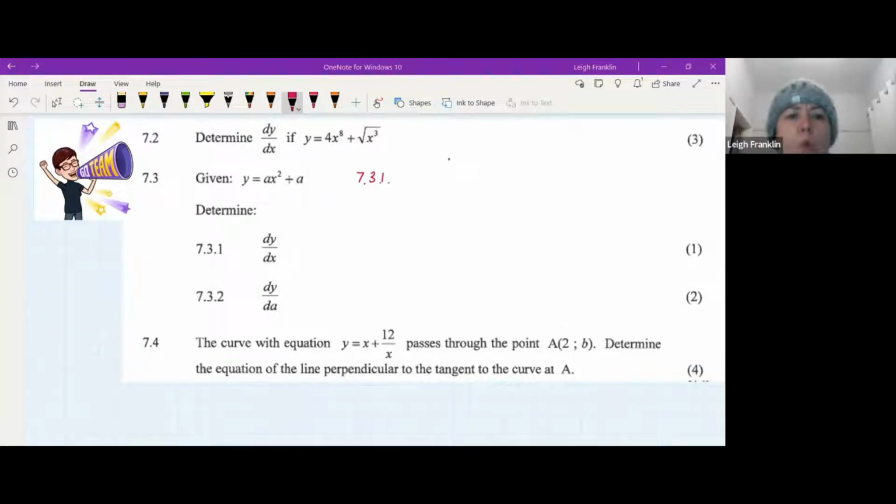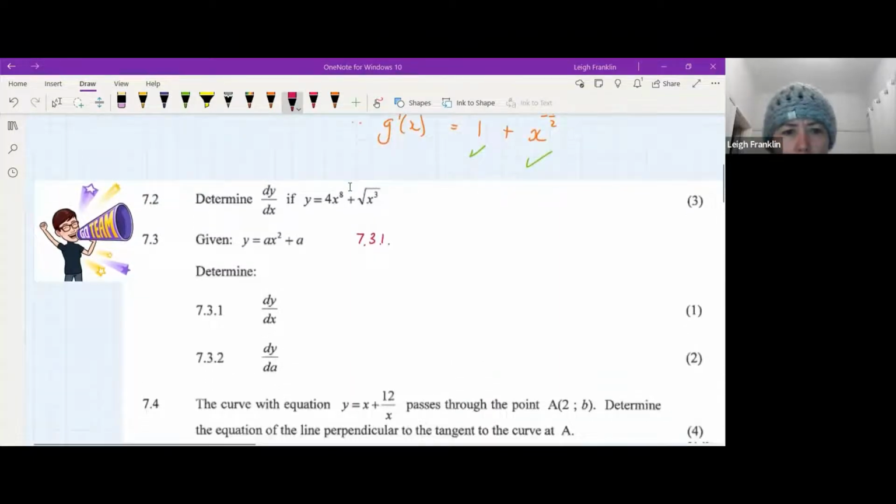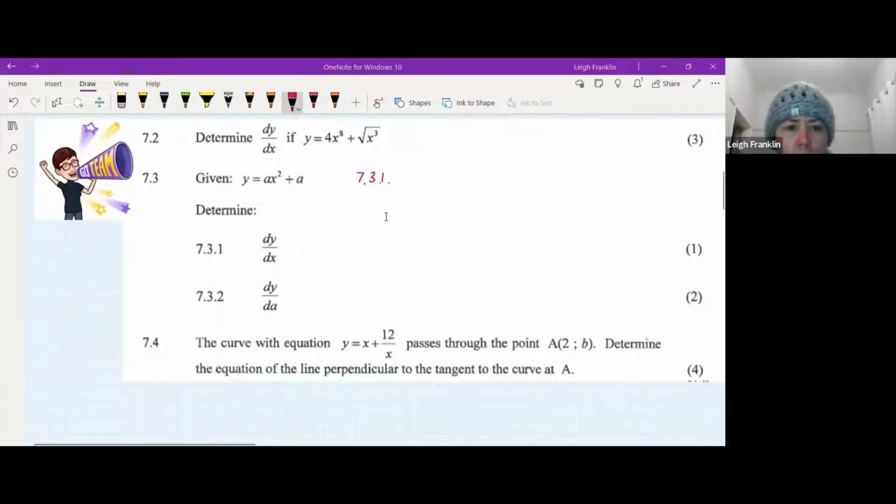Yeah. Okay, why is it minus? Because it was y minus x squared. So I basically differentiated that and it became 2x minus 2x, and then the y became the plus 1. So I don't know. I don't know if we're not talking about the same question, Aisha. Are we talking about 7.3.1?